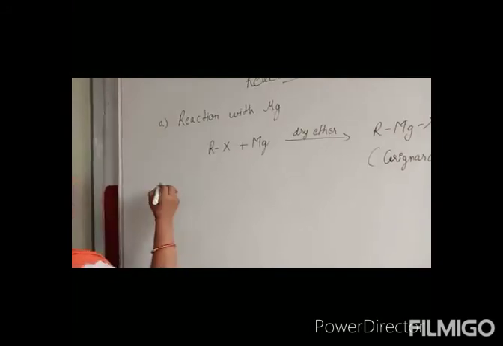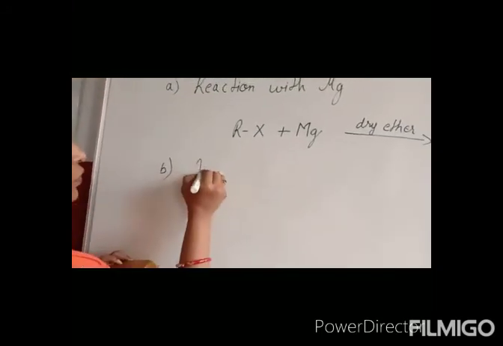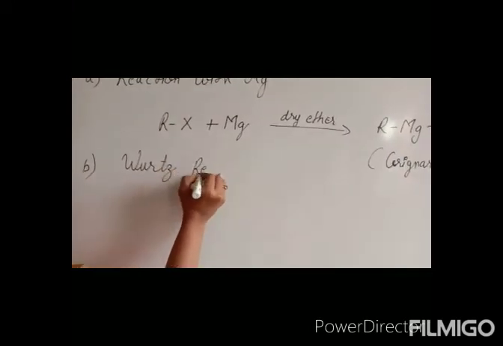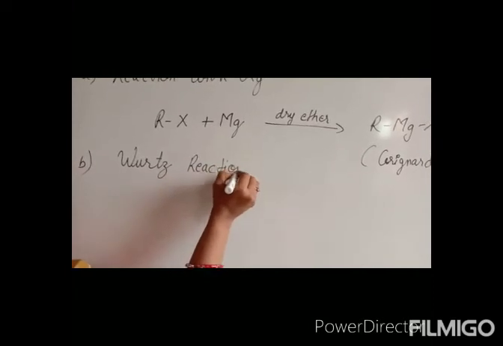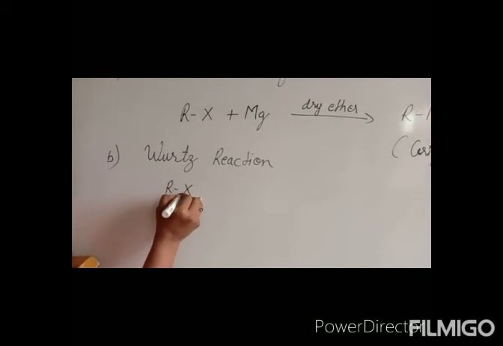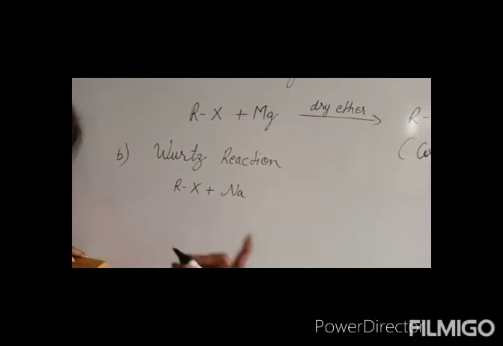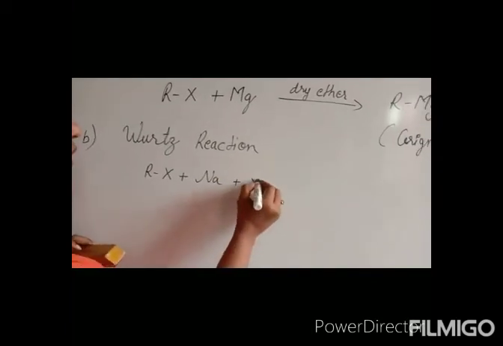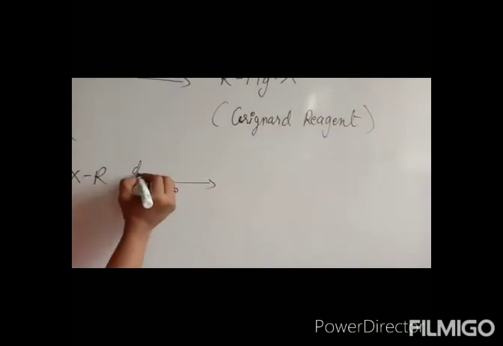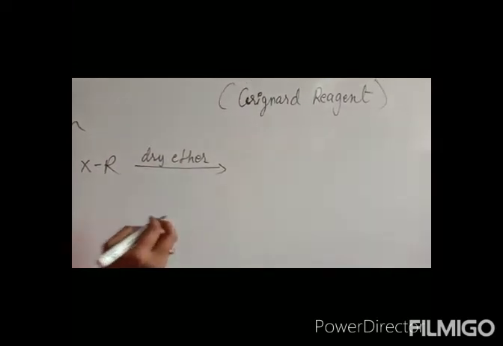And the last reaction is with metallic sodium, which is called Wurtz reaction. Here in this reaction we are taking alkyl halides which react with the metallic sodium. So we are taking two alkyl halide groups. This reaction is also done in the presence of dry ether and we get our compound.